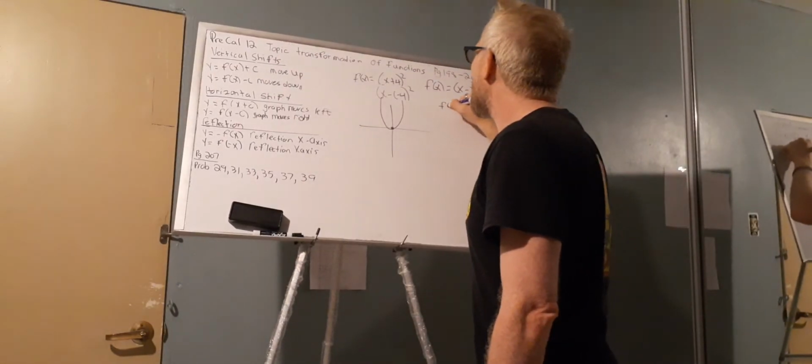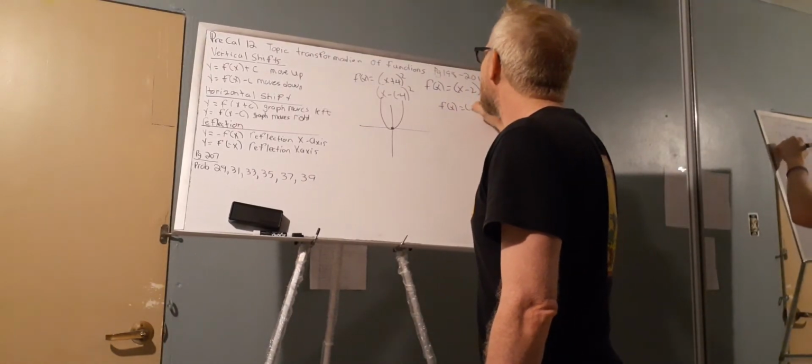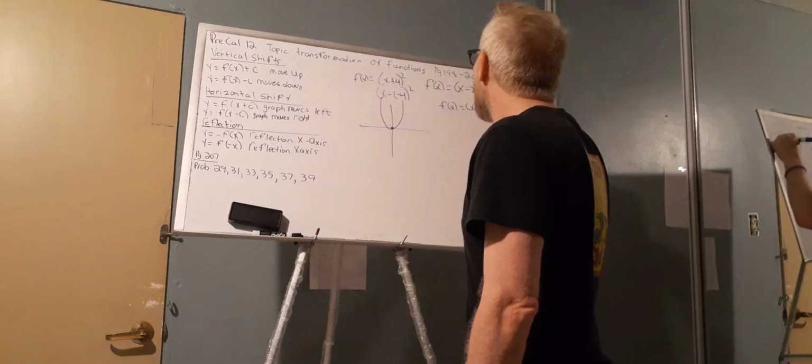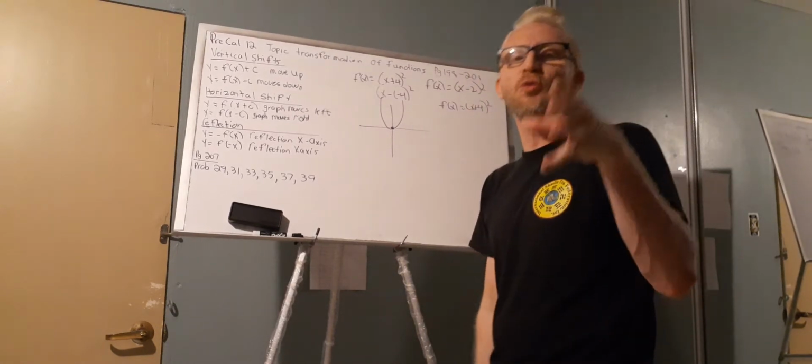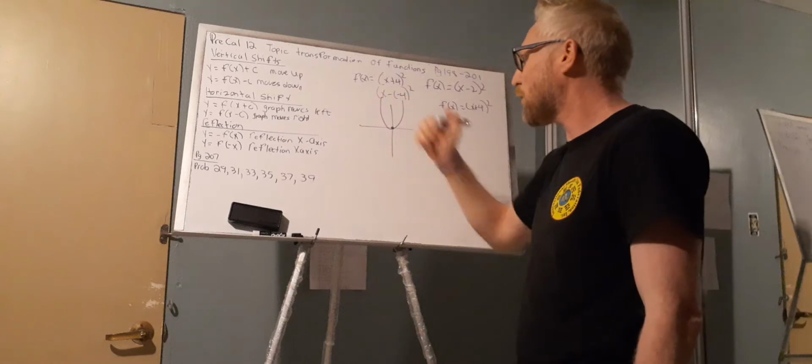So, remembering our parent function, it actually goes through the origin. Now, the graph f of x equals (x plus 4) squared actually indicates a horizontal translation to the left, just because of what I was explaining here.